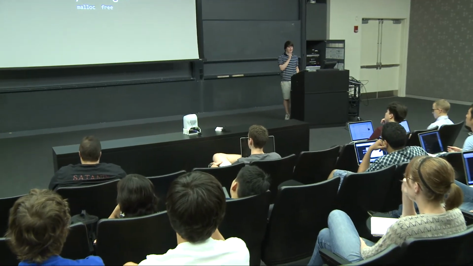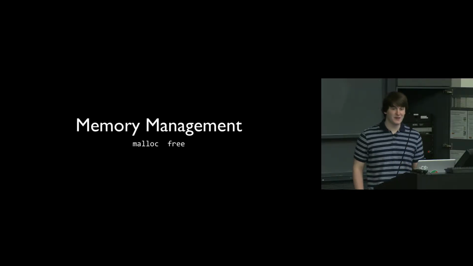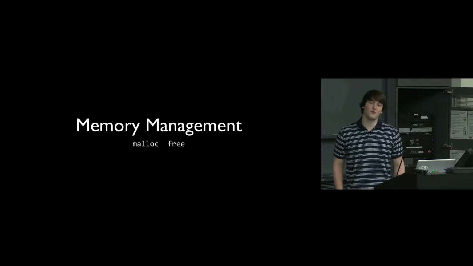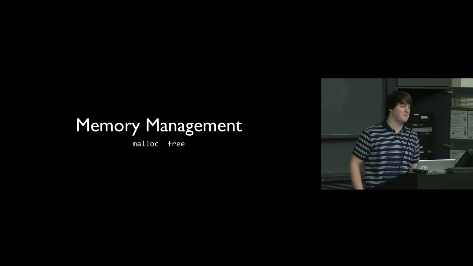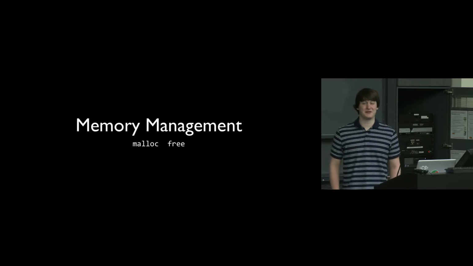Okay, so memory management. It's one of the bigger problems in C, and for the most part, you aren't going to have to deal with it in Objective-C. There are some small things you'll have to think about, and we'll get to that next week, but the malloc and free stuff that you're used to, you don't really have to deal with.